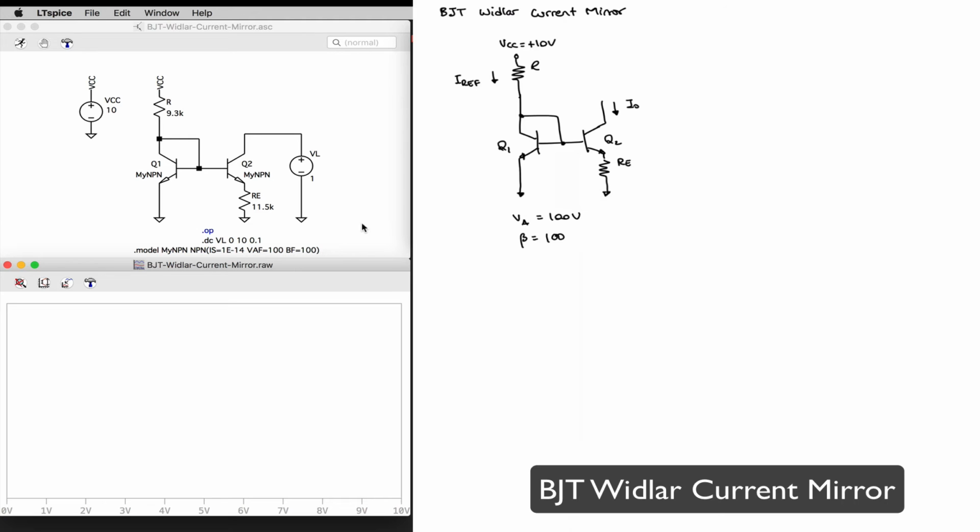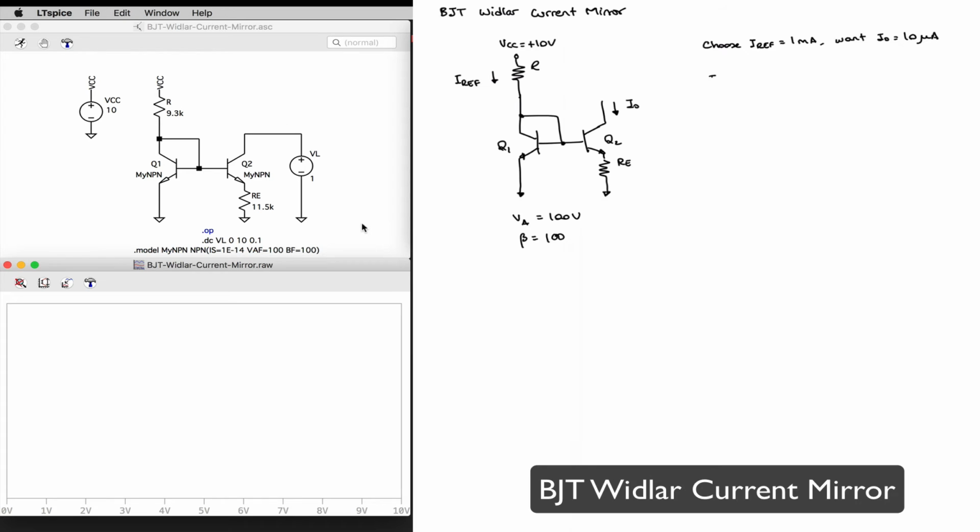Let's imagine just as before, I want my source to be 10 volts. I'm going to assume my early voltage to be 100 volts, my beta value for the transistors to be 100. And let's say I choose my IREF to be 1 milliamp. And I want to design my source for an output current of 10 microamps.